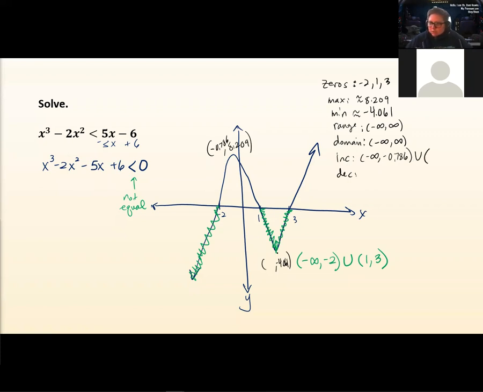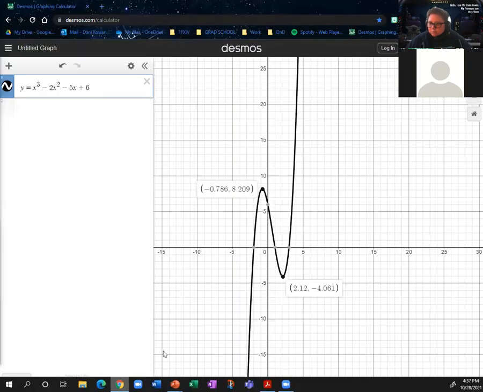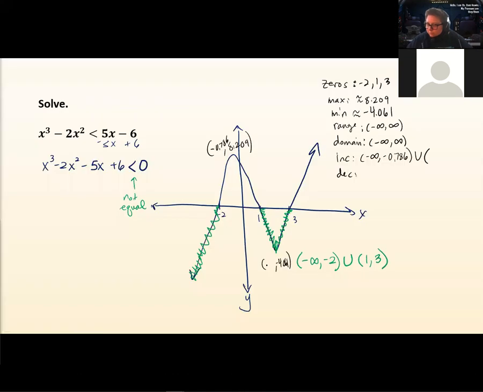Ooh, careful, not 3. Where's our minimum? The minimum is the 2.12. So then it's going from 2.12 to infinity. Good job. How about our decreasing? From the max down to the min. Yeah, and remember, we're always dealing with the x values. Okay, that would be all that extra information you needed to know.